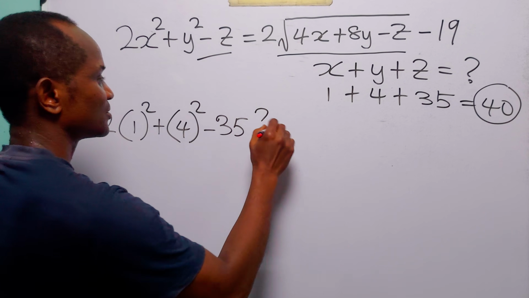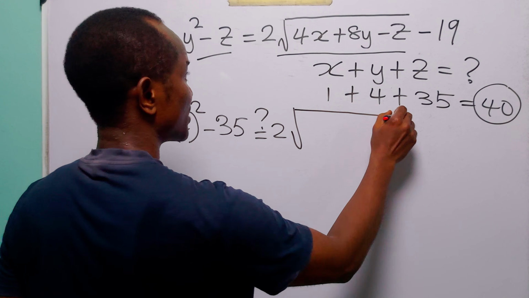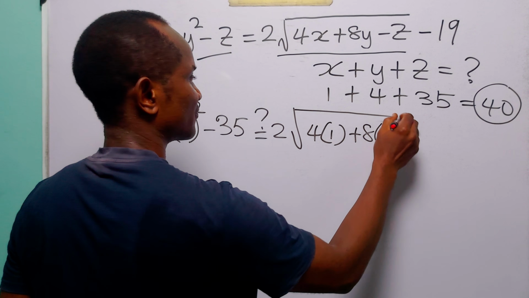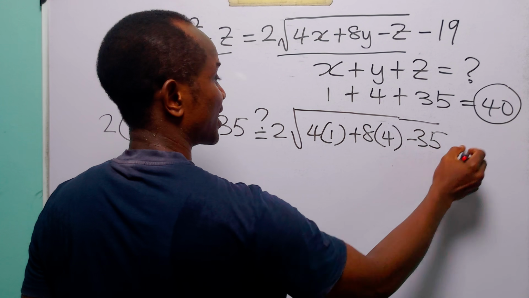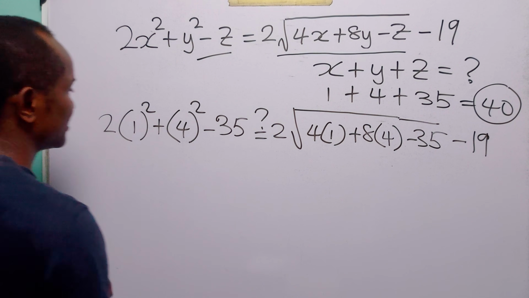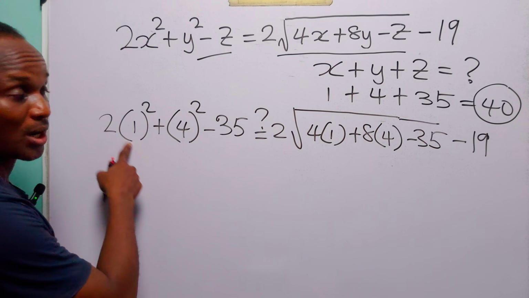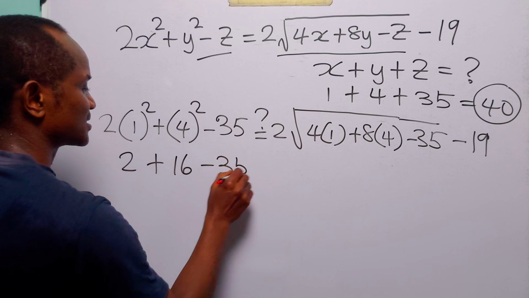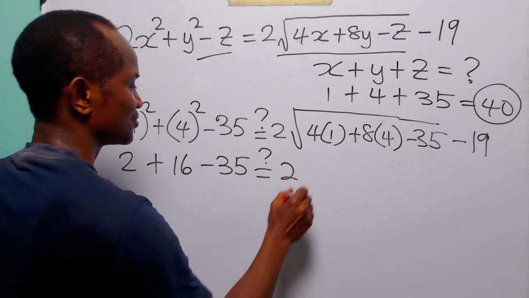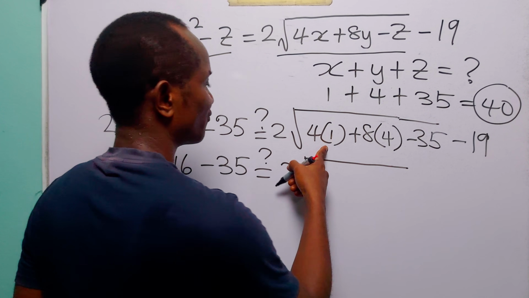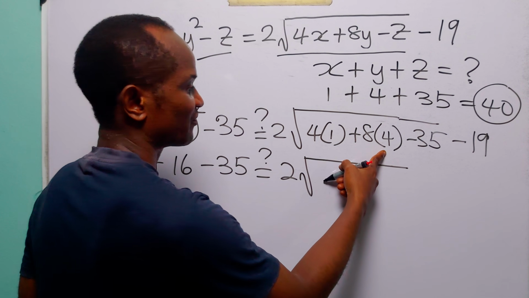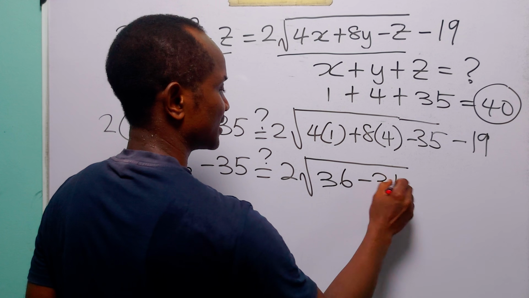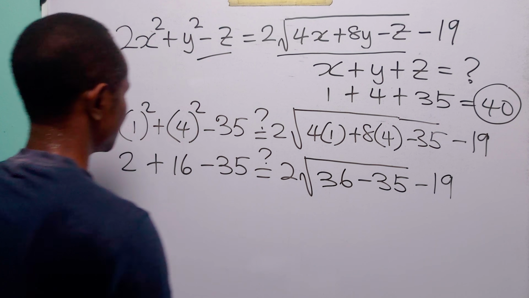Now, is this equal to 2 times the square root of 4 times 1 plus 8 times 4 minus 35 minus 19? 1 squared is 1 times 2, 2. 4 squared is 16 minus 35. Is this equal to 2 times the square root of 4 times 1 is 4. 8 times 4 is 32. 4 plus 32 is 36 minus 35, then minus 19.